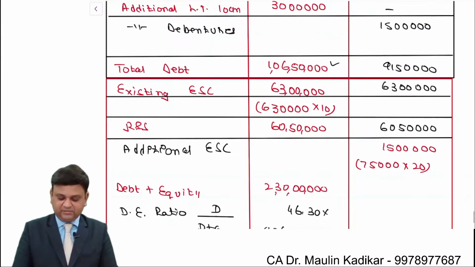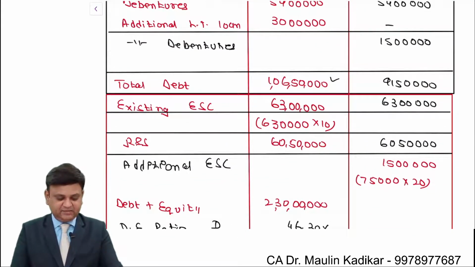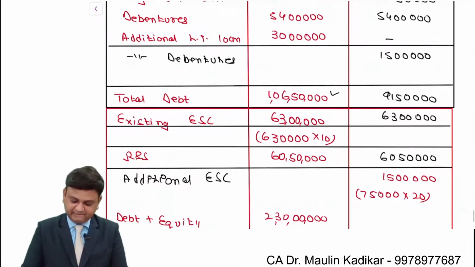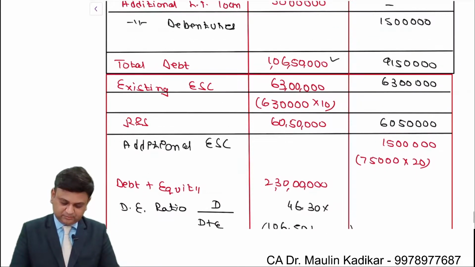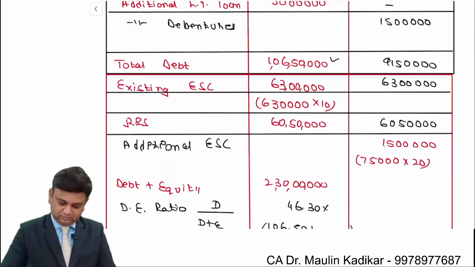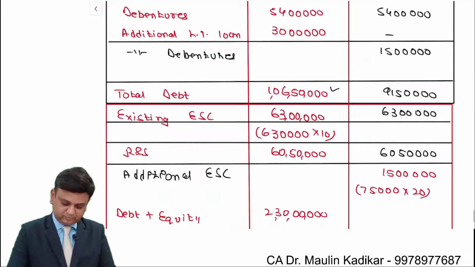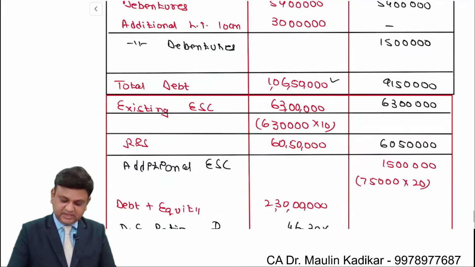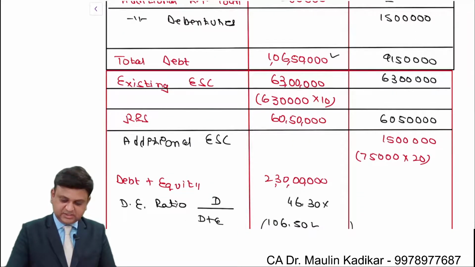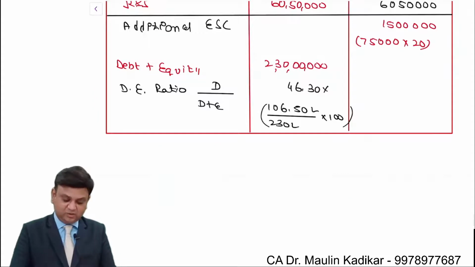So again 91 lakh 50,000 plus 63 lakhs plus 60 lakh 50,000 plus 15 lakhs, it is coming once again 230 lakhs.